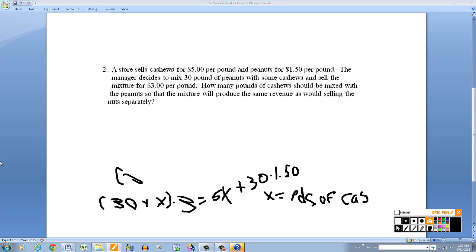Okay, so multiply here in the parentheses by 3. This will give me 90, plus 3x.